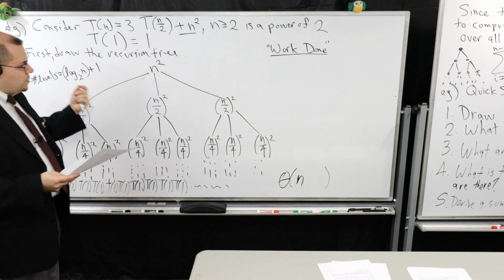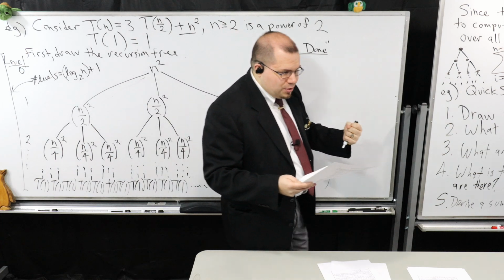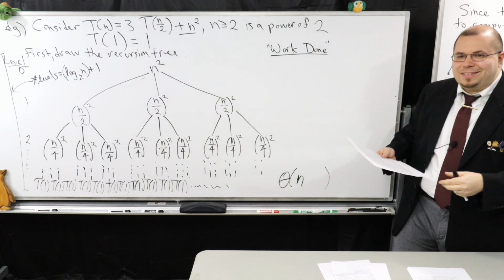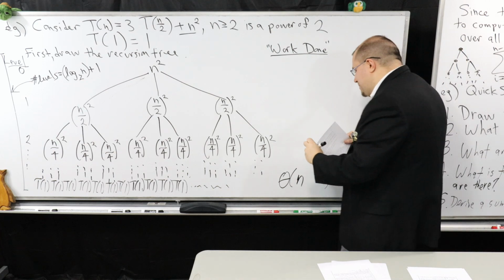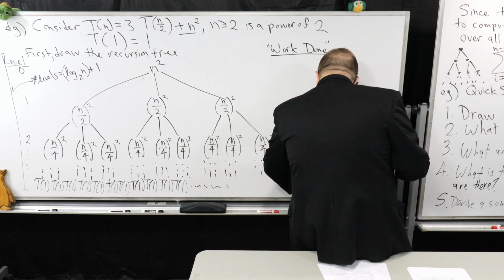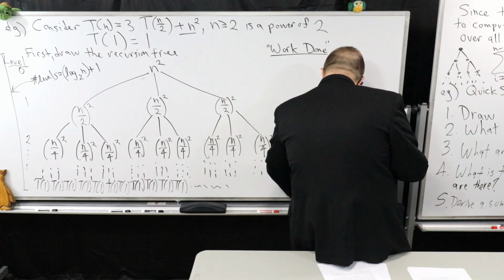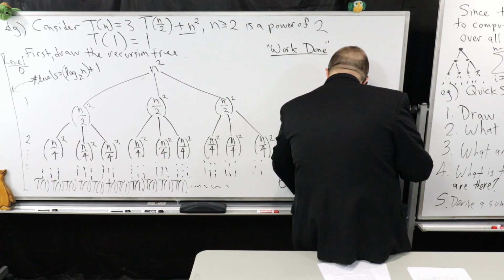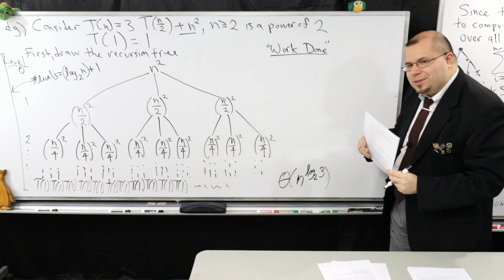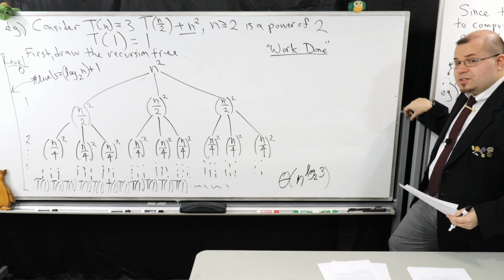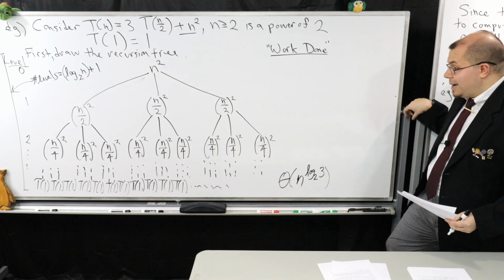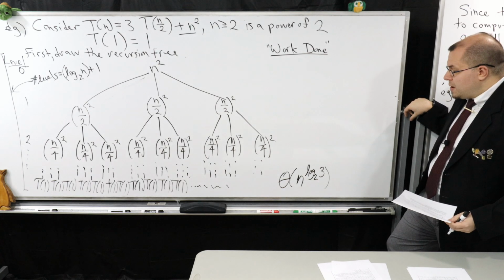So at each level, I have this branching factor of 3. It's a fancy way of saying it. But believe it or not, just for the purpose of time, I'll let you think about it by taking these two things together. It's going to be n to the power of log base 2 of 3. And at first, this looks a little strange, because it kind of is. But at the same time, think about it.